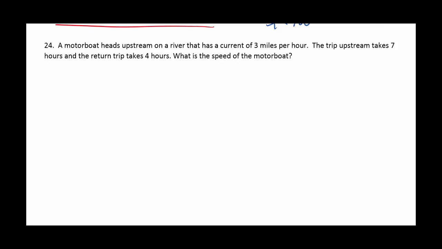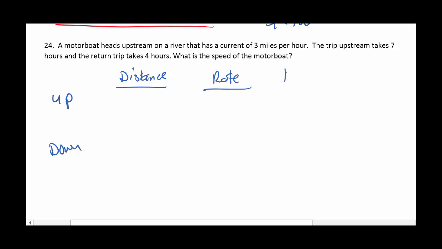All right, and in number 24, we want to set up a little chart here. So we want to figure out up versus down. We want to look at any relationship in distance, rate, and time. Okay. So the problem says a motorboat heads upstream that has a current of 3 miles per hour.